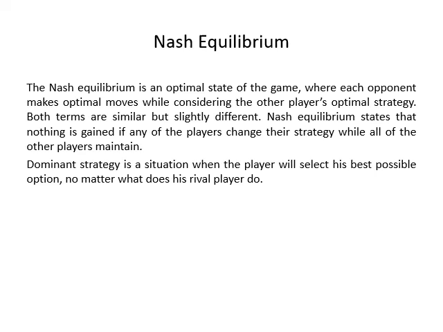Nash equilibrium states that nothing is gained if any of the players change their strategy while all of the other players maintain theirs. Dominant strategy is a situation when the player will select his best possible option, no matter what his rival player does.